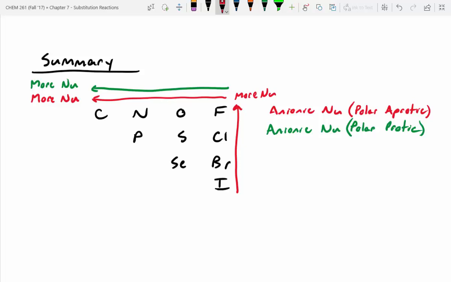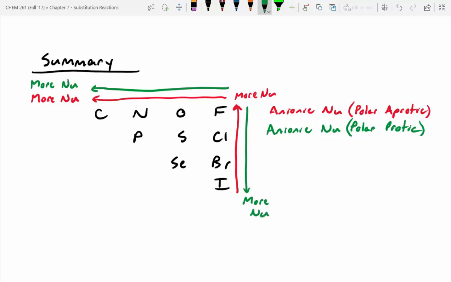Okay. Anionic nucleophiles in polar protic solvents, now we have to consider H bonding. If we have H bonding, that fluoride anion is going to be wrapped up by a bunch of hydrogen bonds. It's not going to be available to act as a nucleophile, right? So in this case, we actually get more nucleophilic as we go down.